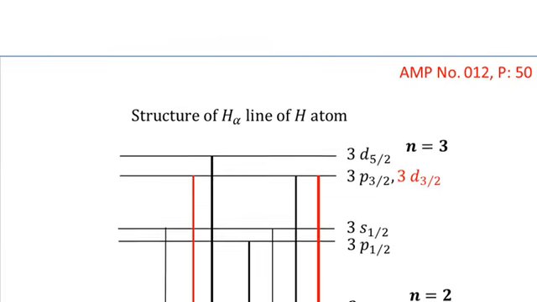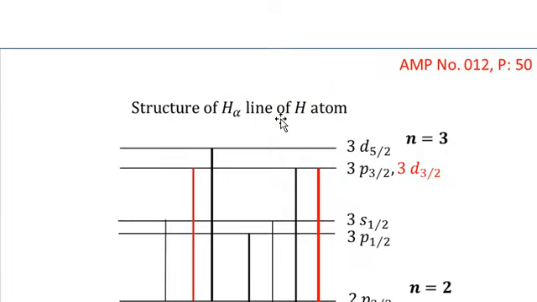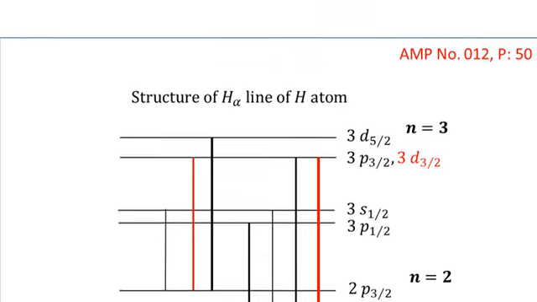Now in the next slide, I am going to show you the structure of the H alpha line. You know that the H alpha line is produced when there is a transition from the principal quantum number 3 to the principal quantum number 2 in the hydrogen atom.